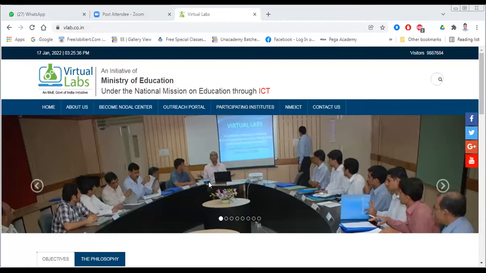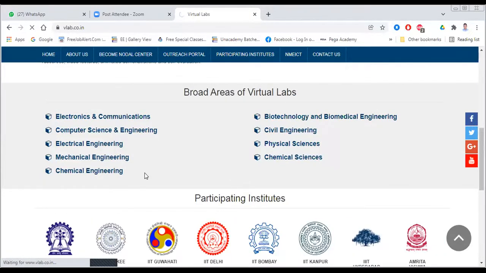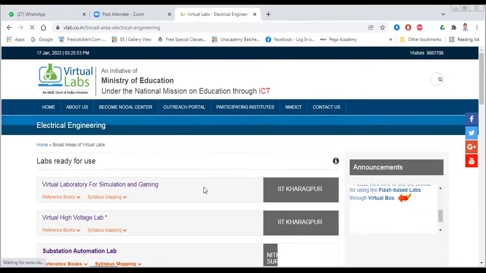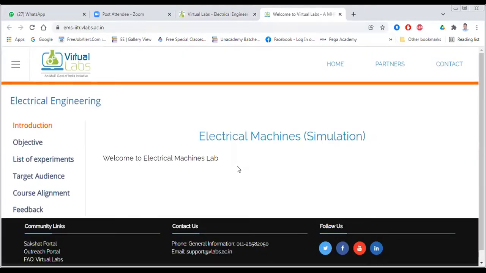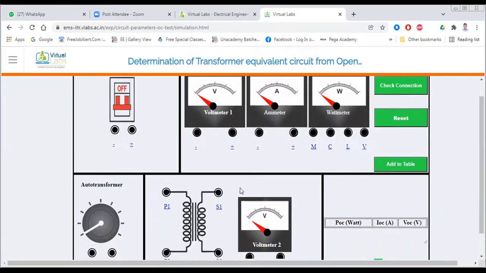Okay. Hello, is my computer screen visible?